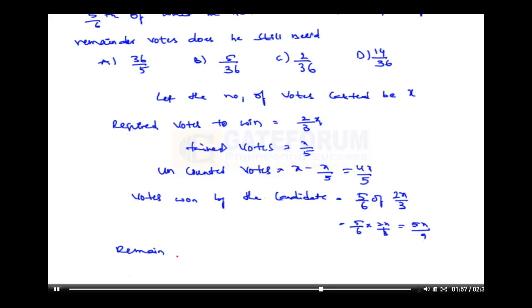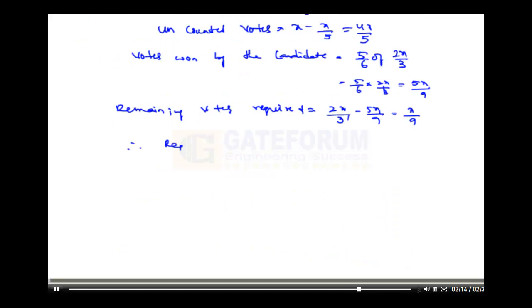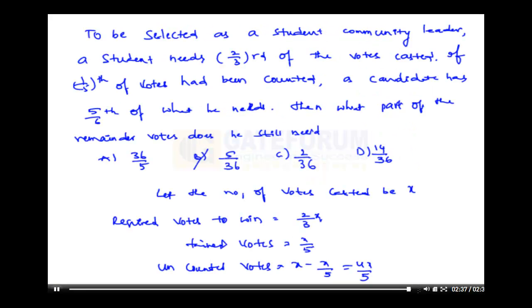So the remaining votes required is 2X by 3 minus 5X by 9, which is X by 9. In terms of fractions, the required fraction is X by 9 divided by the remaining uncounted votes 4X by 5. X can be cancelled, and 5 by 4 into 9 is 5 by 36. So option B is the right answer.